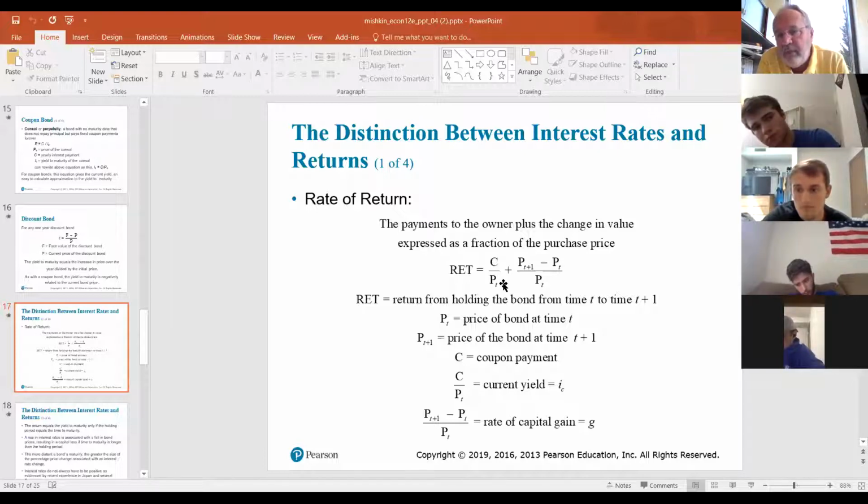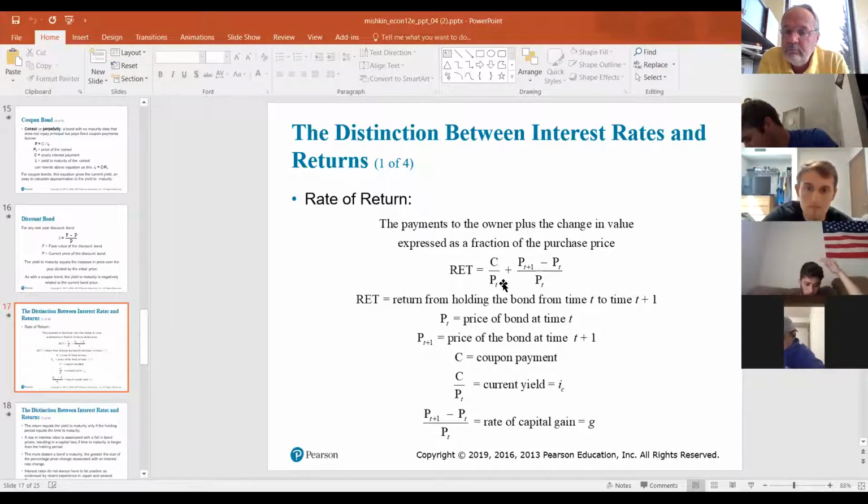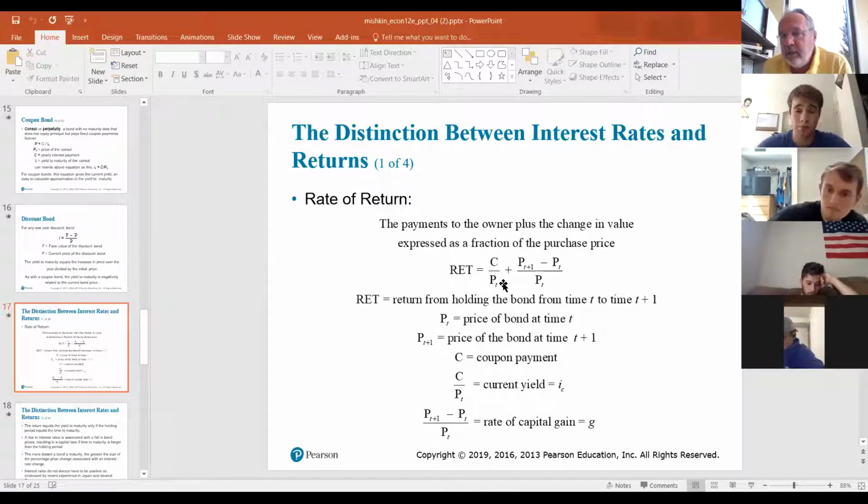So there's two ways you can make money. You can make money by the coupon payment, and you can make money by the change in the price of the bond. But you want to make a distinction between the coupon and the capital gains.